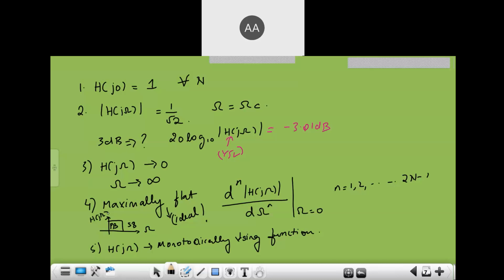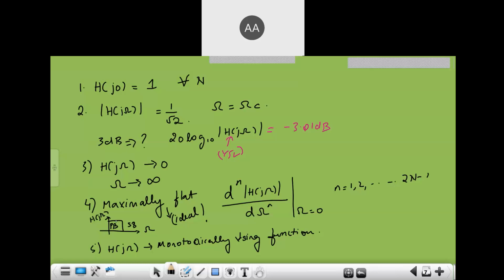If you want to find the maximally flat response, actually the fourth and fifth points go together. If you do not want any ripples in the pass band and want to get an ideal filter like this, then you can evaluate the maximum point, or the actual value of the cutoff frequency, or the actual value of the order of the filter for which you will get near ideal characteristics.